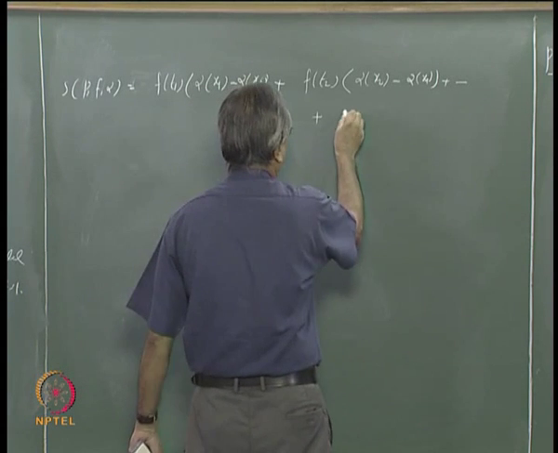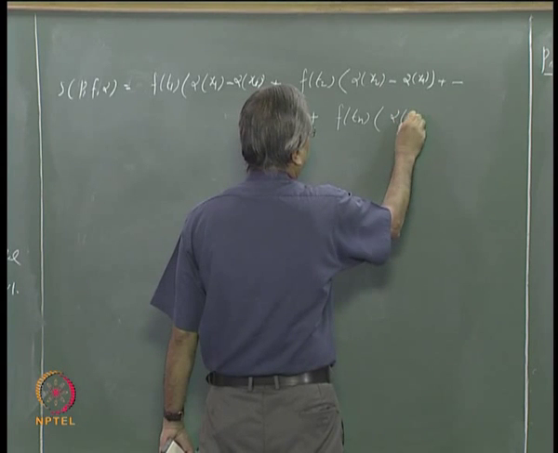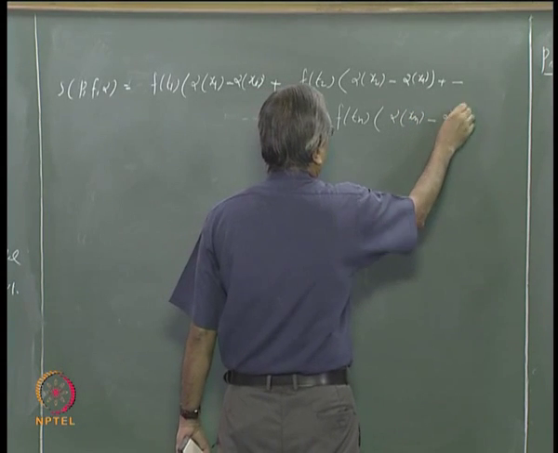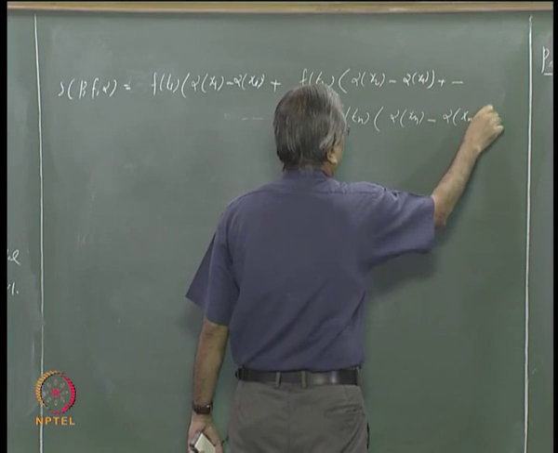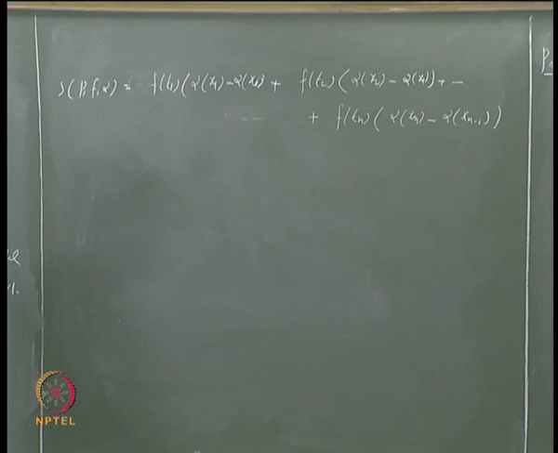It is f at Tn multiplied by alpha xn minus alpha at x(n-1).